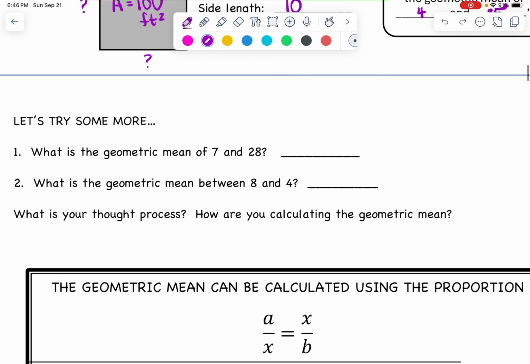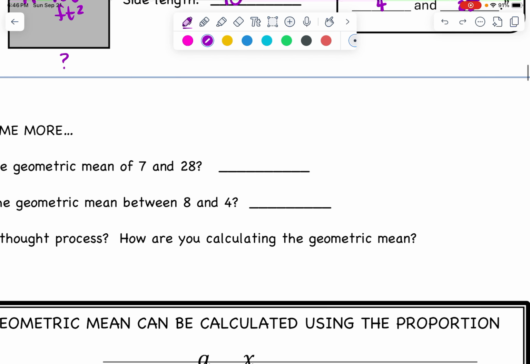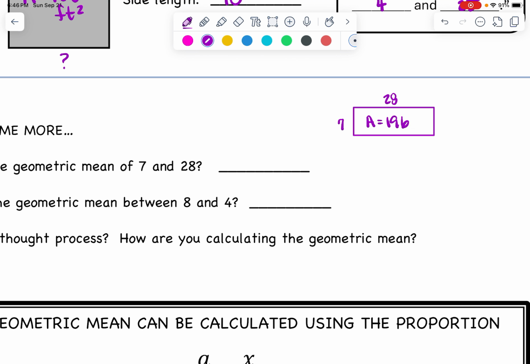So what is the geometric mean of 7 and 28? Well, I don't know. Let's see. The first thing that we're going to do is calculate, and you don't have to actually draw anything out, right? So if I had a 7 by 28 rectangle, then it would have an area of 196.